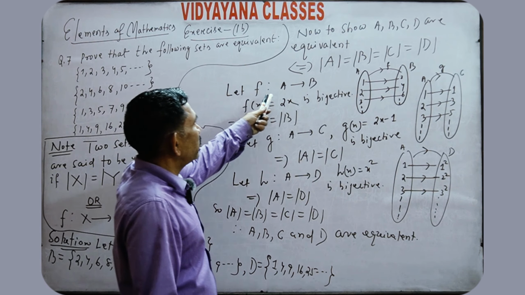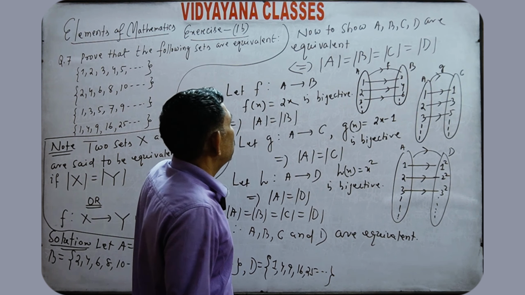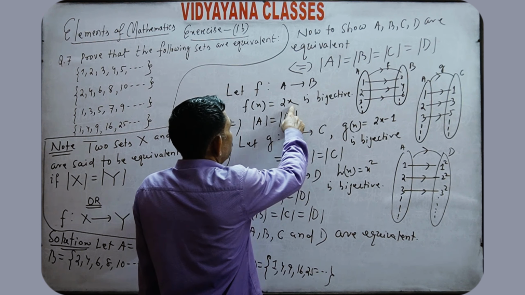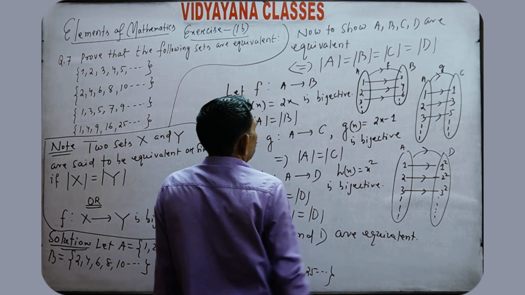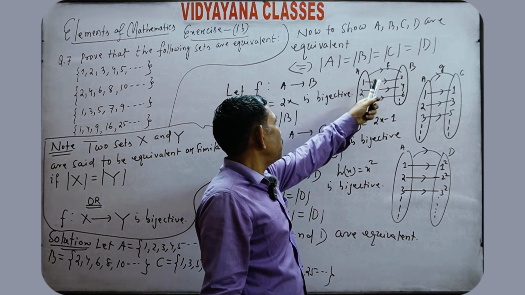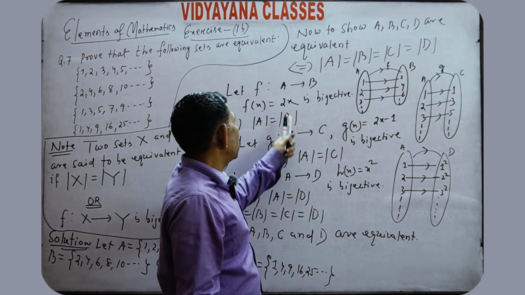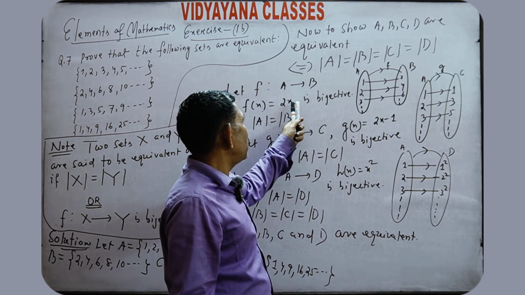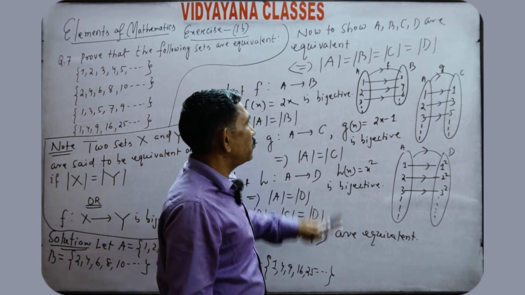Let f be the function from A to B, f(x) equal to 2x. For x equal to 1, f(1) is equal to 2, f(2) is equal to 4, and so on. The function defined from A to B is one-to-one and onto. That means f(x) is equal to 2x is bijective, implying |A| is equal to |B|.